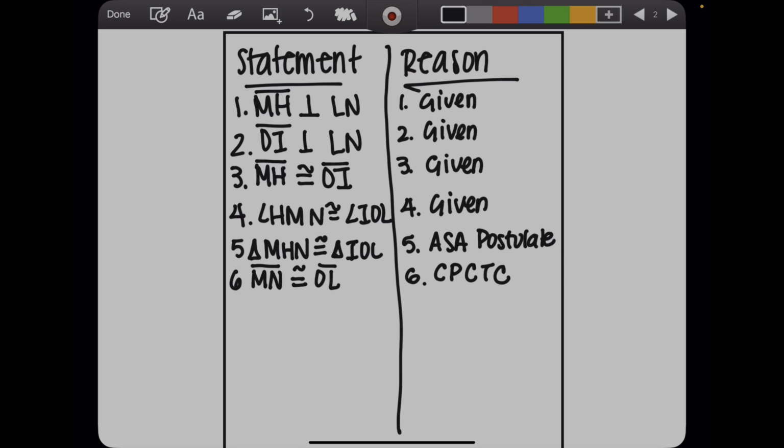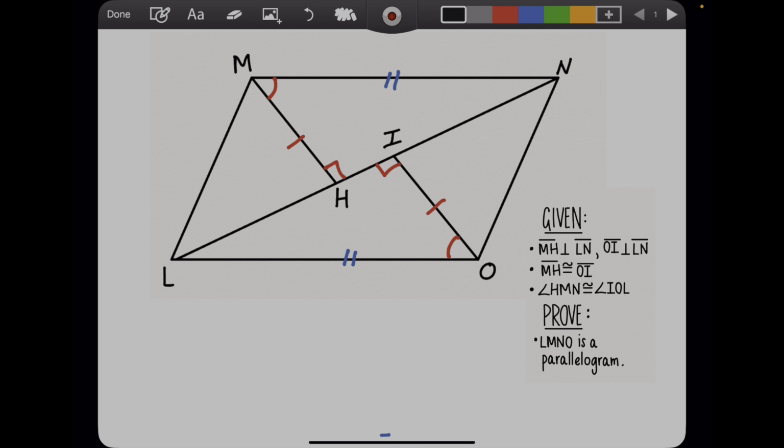Now that we've proven that one pair of opposite sides, which is MN and LO, are congruent, to complete the proof, we can either prove that the other pair of opposite sides are congruent, meaning LM congruent to NO. Or we could use a theorem by showing that the congruent pair is also parallel. In fact, we can just do that.